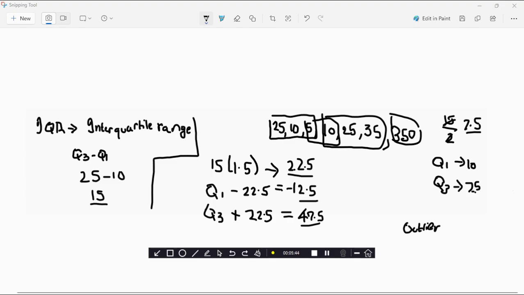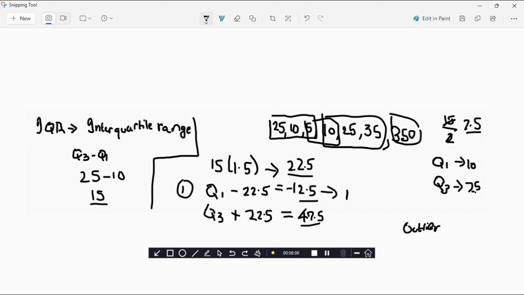If your IQR is 15, you will check if any one of these values is less than negative 12 and a half. This is the first thing. We notice that 10 is more than negative 12 and a half, so is 35, so is 350.